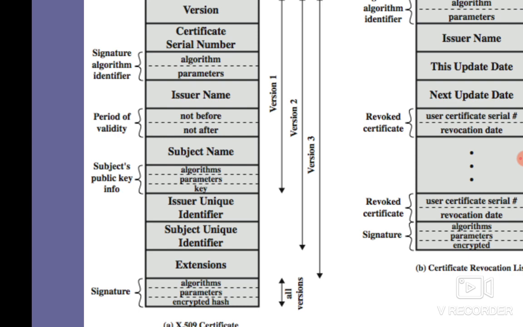Then the subject name, for whom the certificate is issued, then the subject's public key information, that is the public key, the algorithm and the common parameter. Then the issuer unique identifier, that is the certificate authority's unique identifier, and similarly the subject unique identifier for whom the certificate is issued. We can add several extensions. Finally we attach the signature.